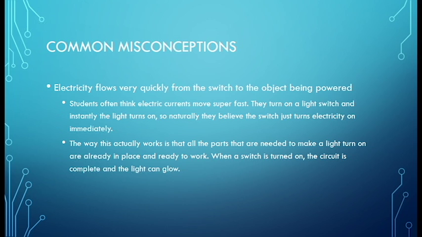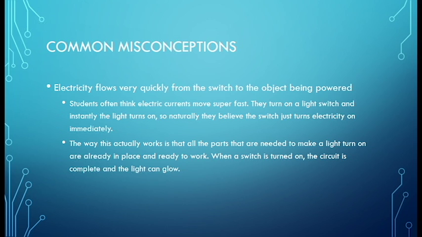Some common misconceptions about electricity is that it flows really fast. I think students have this misconception because as soon as you turn on a light switch, the light comes on immediately. But the way it actually works is that all the parts that are needed are already flowing through the wires, and the light switch is off, so the circuit is broken, and as soon as the light switch comes back on, the circuit is complete, so it starts to flow again.